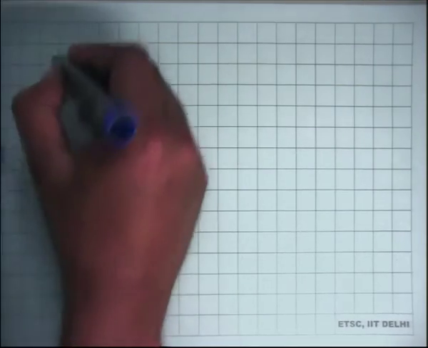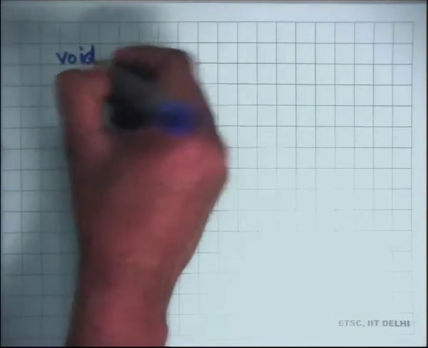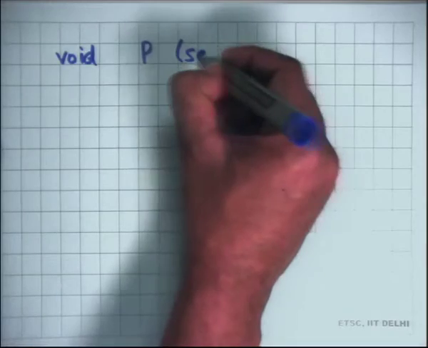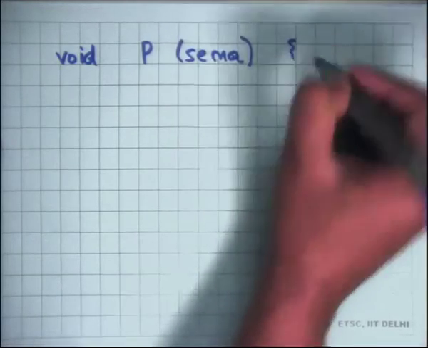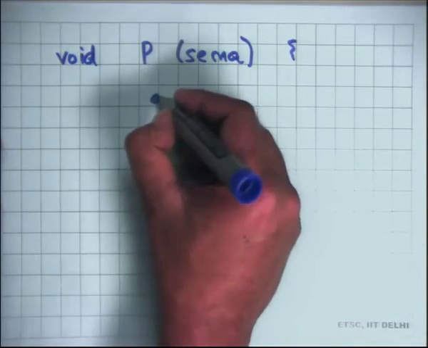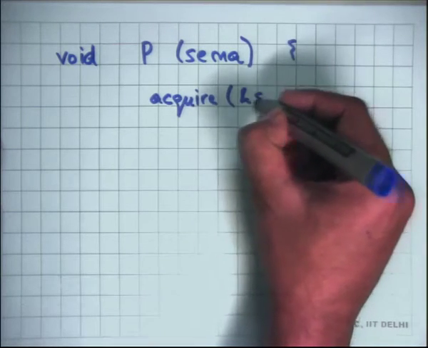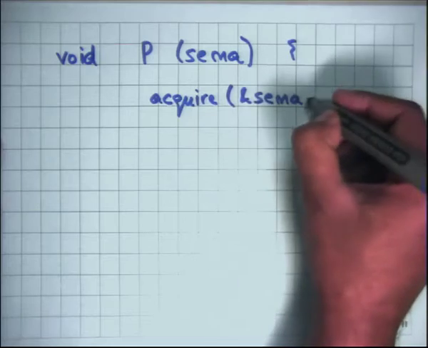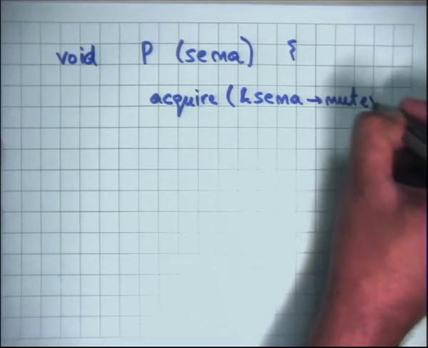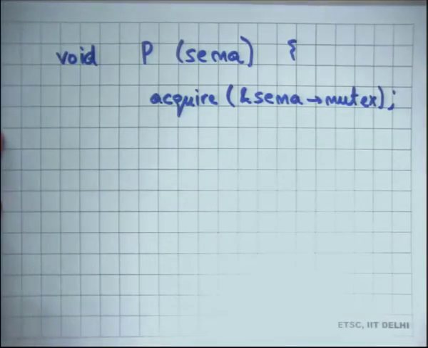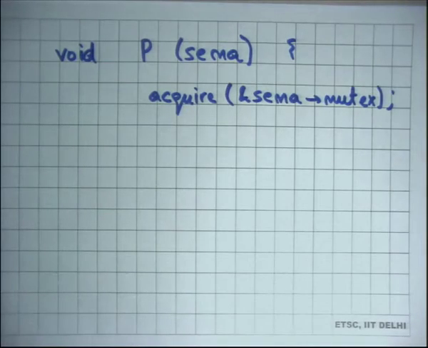Let us say P. I want to say P on sema. I would say acquire, because I want to make these operations atomic with respect to each other. So I will say acquire sema.mutex. That will ensure that nobody else could be operating on this semaphore at this time.